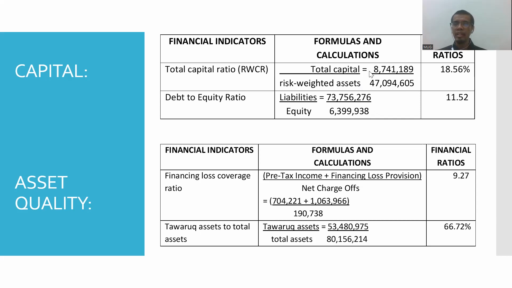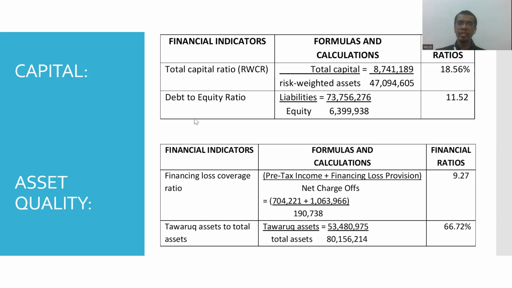The total capital is 8.7 and the risk-weighted asset is 47. So the financial ratio is 18.56%. I believe this is a very good score, because it's above the minimum requirement in Basel III. The minimum requirement for the RWCR is 10.50%. So it exceeds the minimum requirement in Basel III by 8.06%.